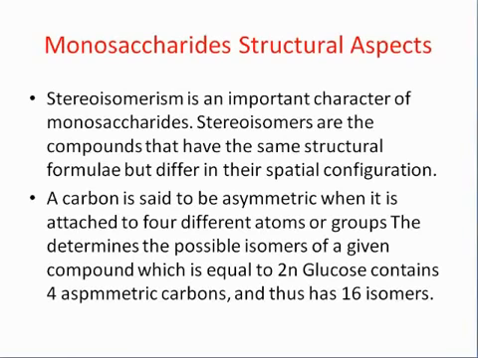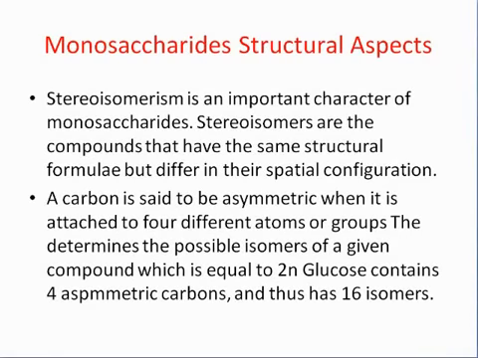That determines the possible isomers of a given compound, which is equal to 2^n. Glucose contains 4 asymmetric carbons, and glucose contains totally 16 isomers.